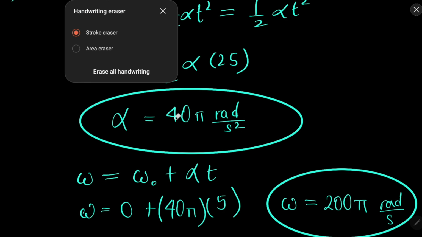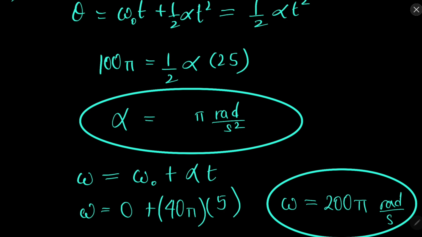Actually we did some calculation mistake here. This will be 8 pi radian per second square. Okay, now you can convert this into revolutions per second square also. So how to convert? 8 pi divided by 2 pi, so it will get converted into revolutions per second square. So it will give you 4 revolutions per second square.